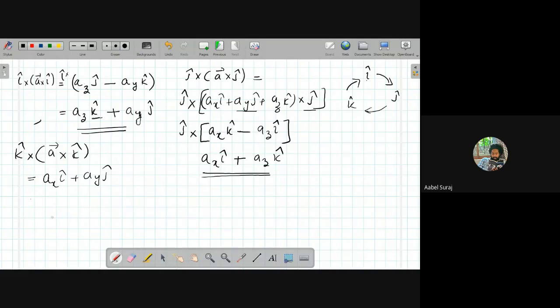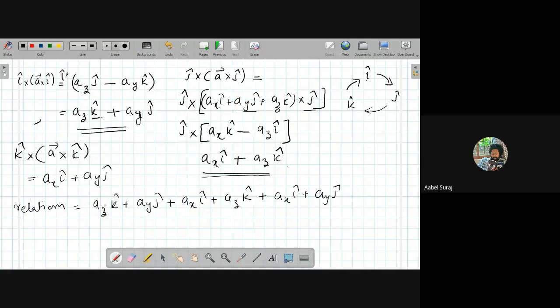Okay. So if you are adding this, what happens? It will be ax i plus ay j plus ax i plus az k plus az k plus ay j. So there are always two of them. So what is the entire relation? Let me write it once again: az k plus ay j plus ax i plus az k plus ax i plus ay j.